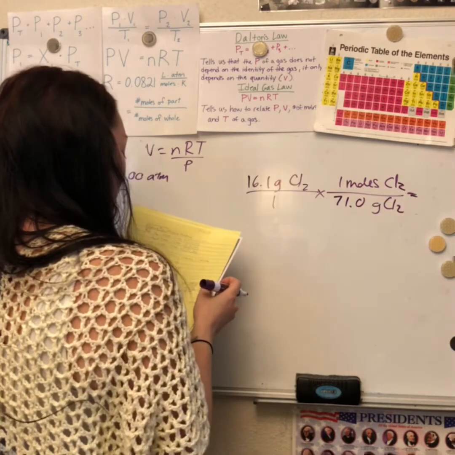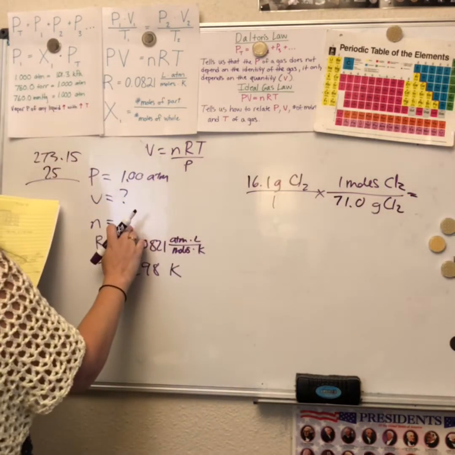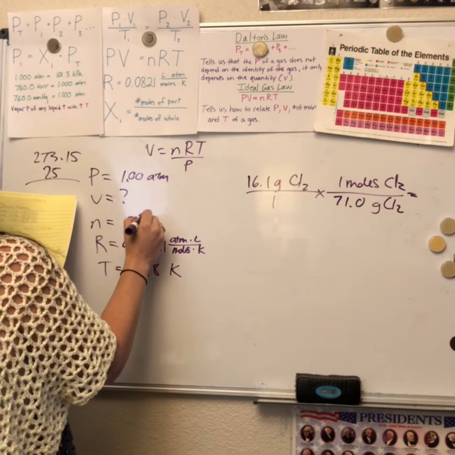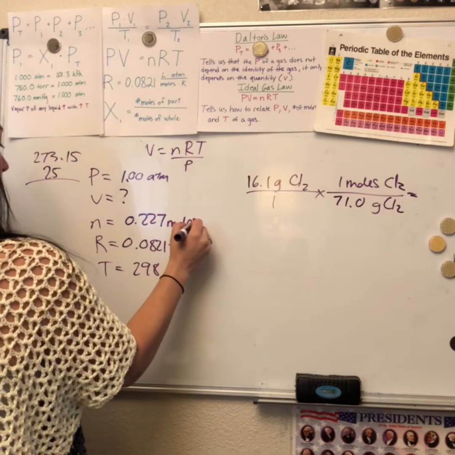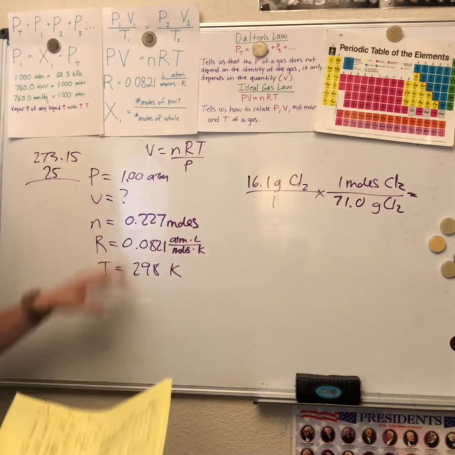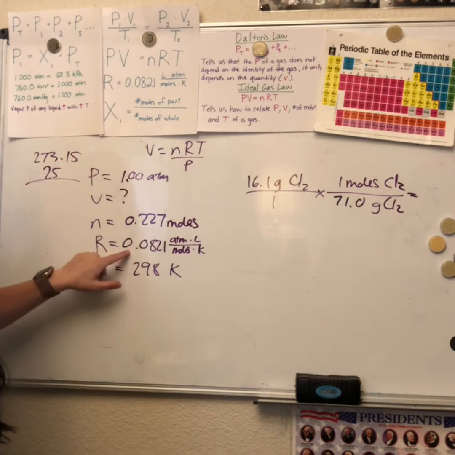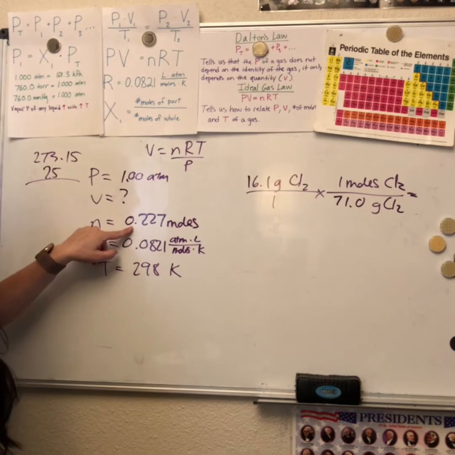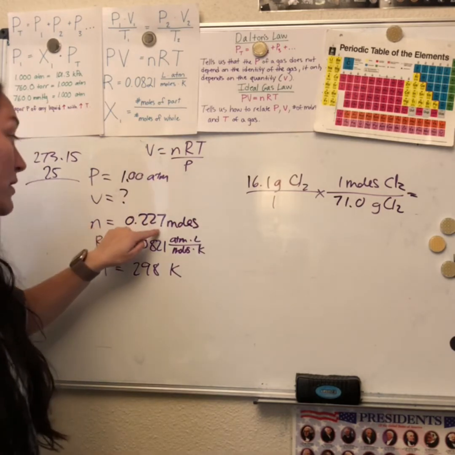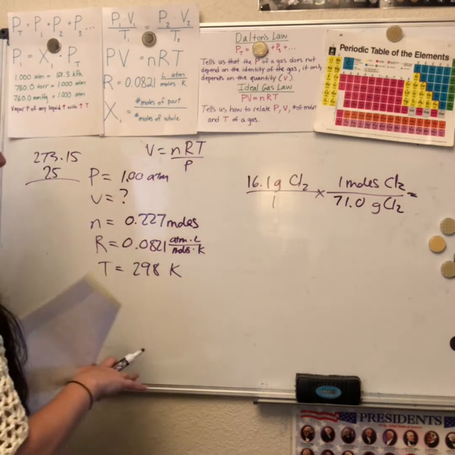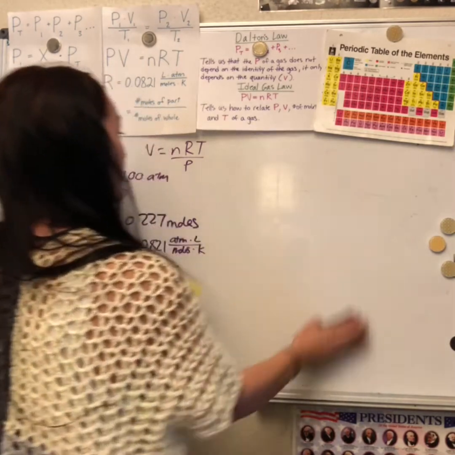If I crunch that out, I'm going to put that answer right here. That's where my moles is, 0.227 moles. Okay, if you take a look quick, they gave us this, and we found this. We already know this, it's a constant. And then we took the grams they gave us and found moles right here. So we are ready to go.